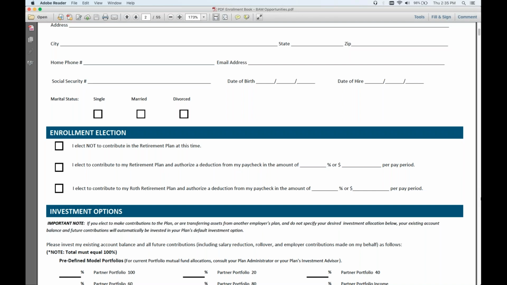So if you do miss January 1, you can start in April 1. If you miss April 1, you can start in July. So depending on the timing of your hire date, how much you've worked, and your age, you can then start at that next quarter. So it's 18 years old, 3 months of service, and 250 hours.